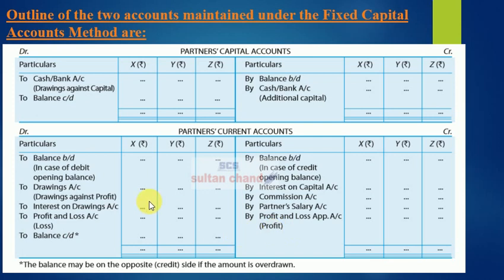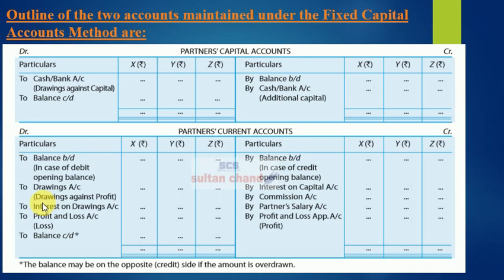Now comes the debit side. On the debit side, if you have opening balance given in your question as debit balance for current account, it is written on the debit side to balance b/d. Then what can come other than this is drawings made by partners during the year. Children, remember there are two drawings: one which you learned in class 11 also, that was drawings against capital in the partner's capital account, and this drawings is the normal drawings which is made against profit.